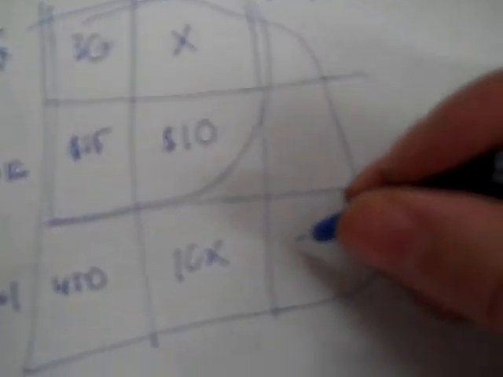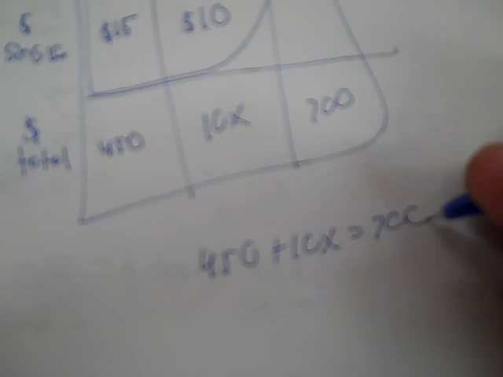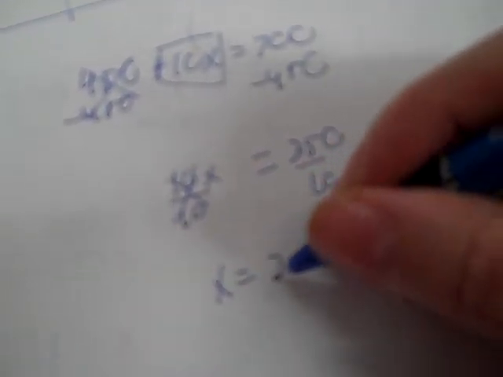And then we know our total money is $700. So I just write the simple equation, 450 plus 10 times X equals 700. And minus 450, minus 450, so I got 10 times X equals 250. Now I divide by 10. That's 25. So 25 hours I work.